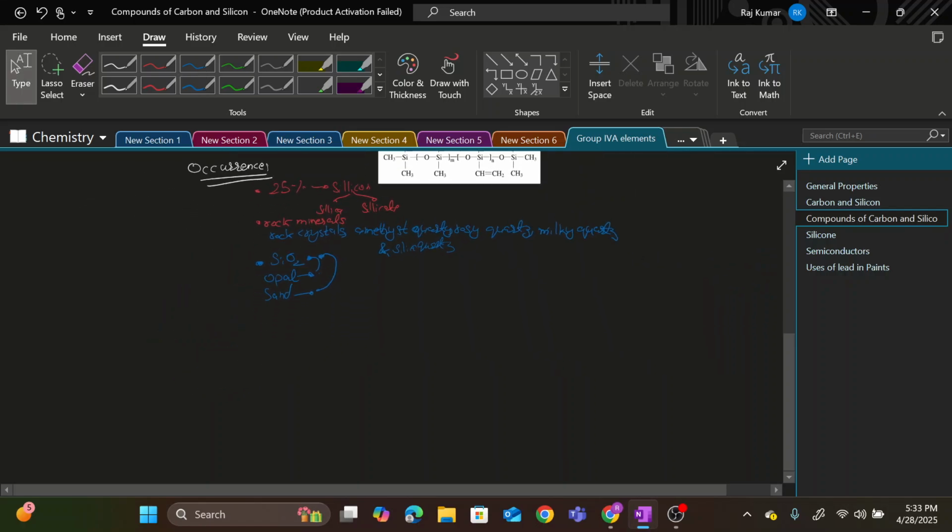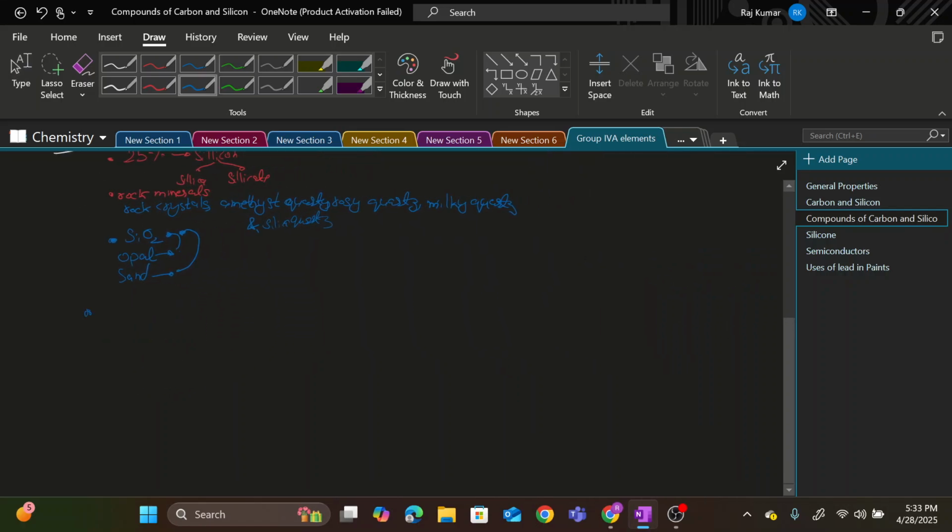All right. So when it comes to the structure of silicon dioxide, its structure is a giant structure. Both silicon dioxide and carbon dioxide are exactly the same. The only difference between them is that silicon is a larger atom and carbon is a smaller atom.